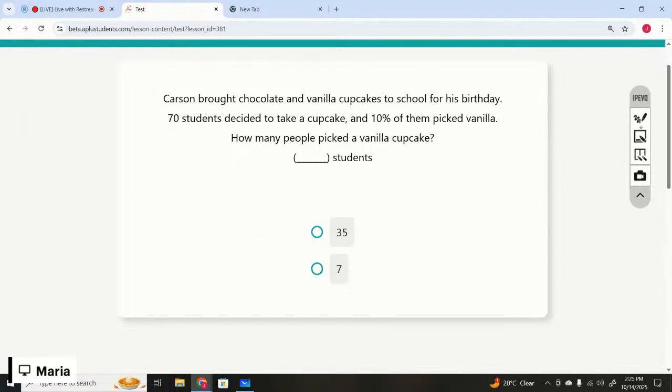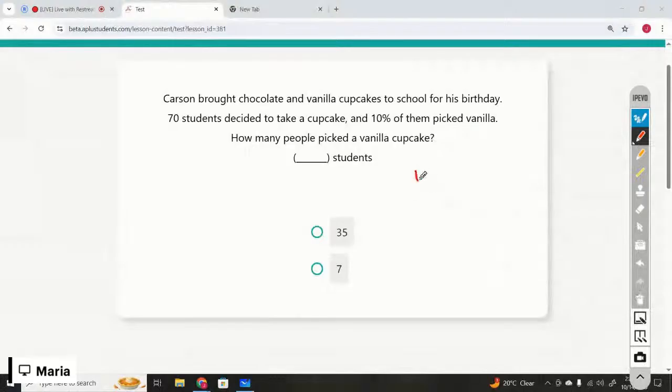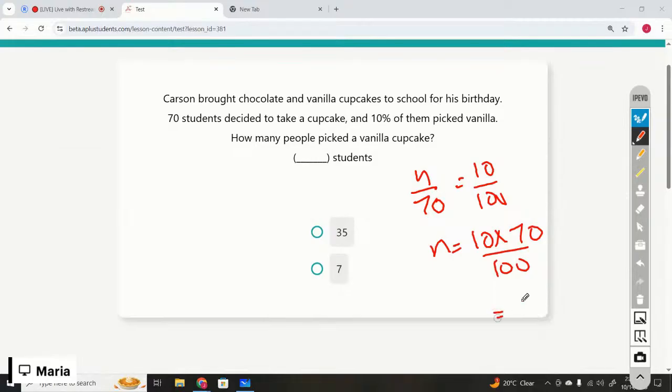So you need to form a proportion that would be n over 70 equals 10 over 100. So n equals 10 times 70 over 100, n equals 7.